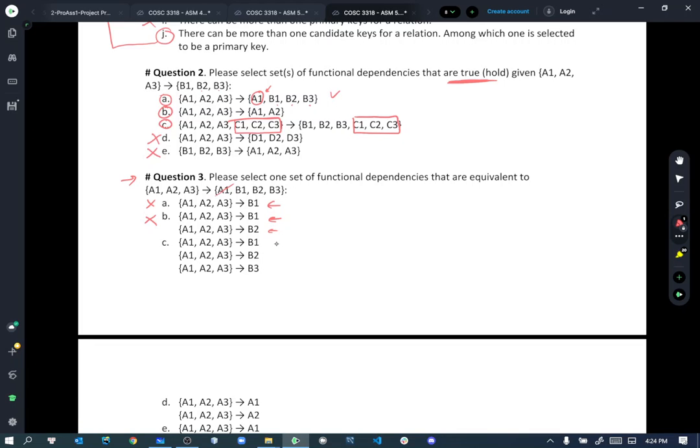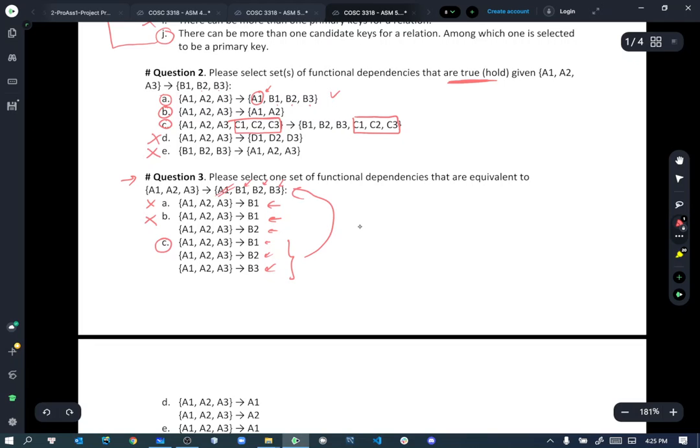This one, you're telling that this one is true because following the splitting rule. A1, A2, A3 determine all of them. So this one is trivial. So you can always drop. And you tell that A1, A2, A3 determine B1, here determine B2, here determine B3, here. So this one is correct because it's equivalent to this.